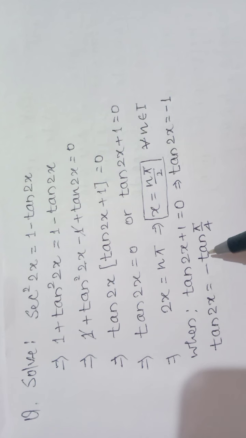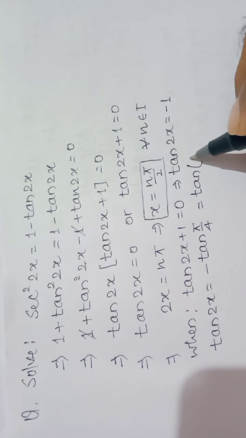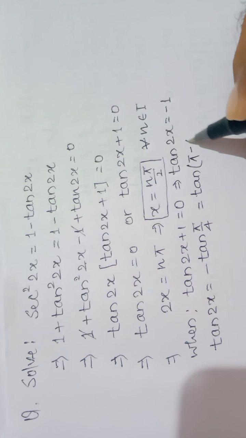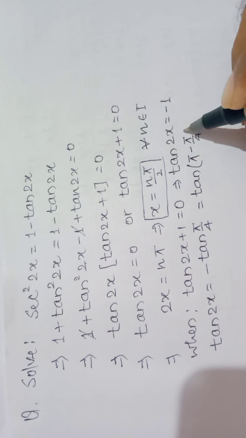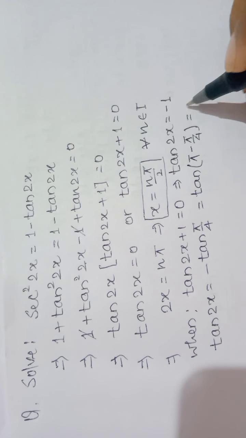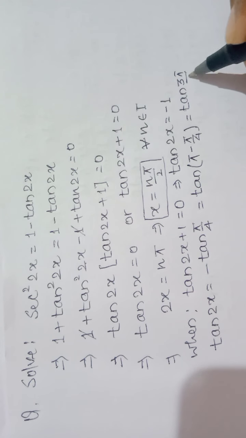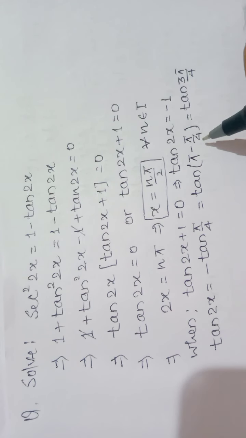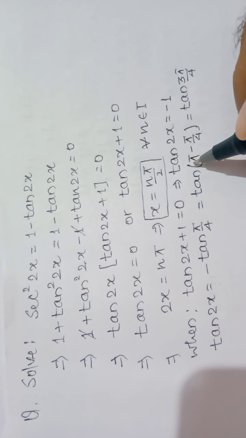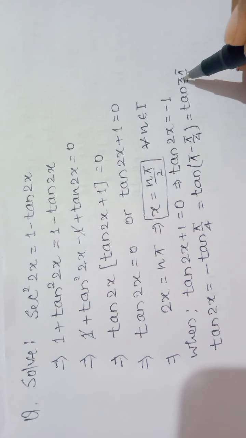You also know tan of pi minus theta is equal to minus tan theta. Here theta is equal to pi by 4, so it should be written as pi minus pi by 4, or this should be written as tan 3 pi by 4. After taking LCM, 4 will be LCM, it should be 4 pi minus pi, which is 3 pi by 4.